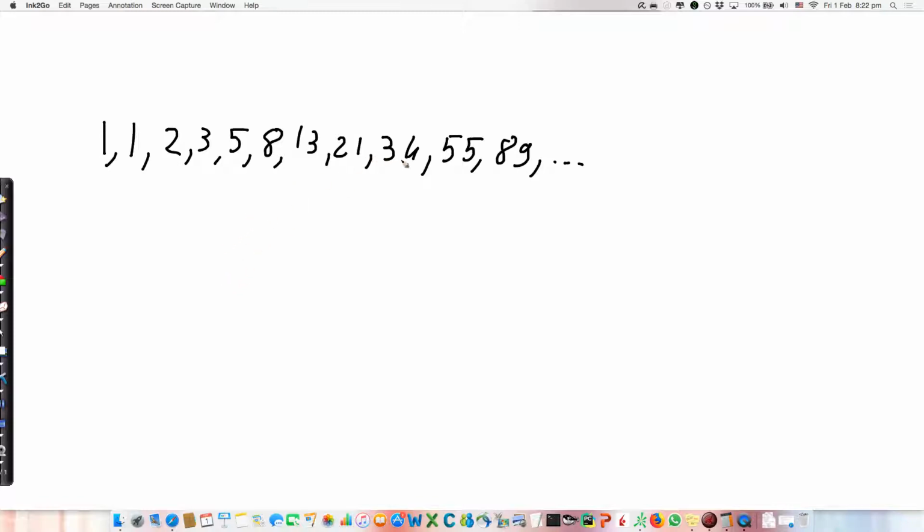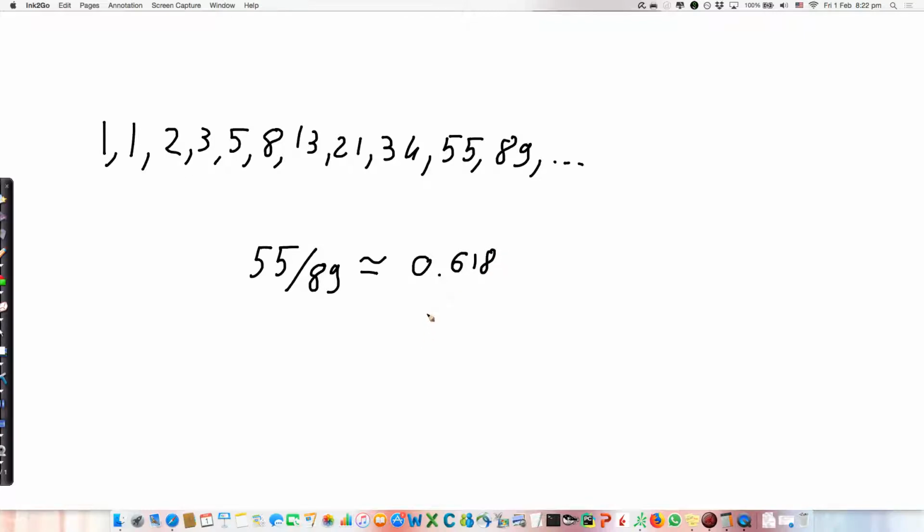When these numbers are increasing and you take one number in the sequence, for example, let's say 55, and you divide this number by the next one, you get something that is close to 0.618.